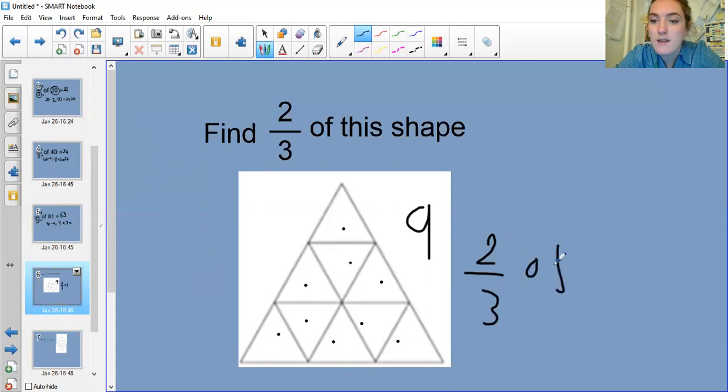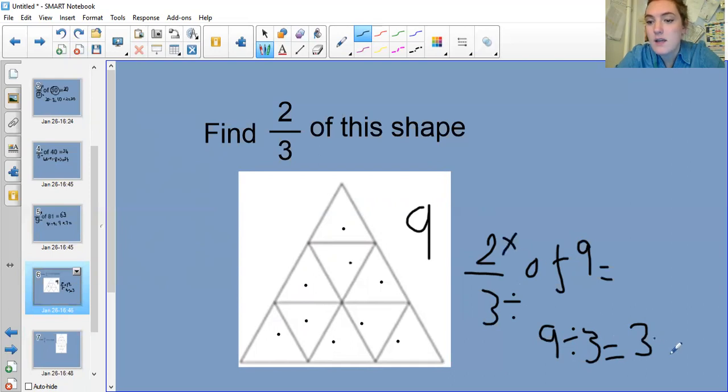And remember, it's the exact same method that we've just done for all the other examples. How many 3's go into 9? 9 divided by 3. 3 times 3 is 9, so I know my answer is going to be 3. Then I need to times by the top. We've divided by the bottom, now we need to times our answer by the top.